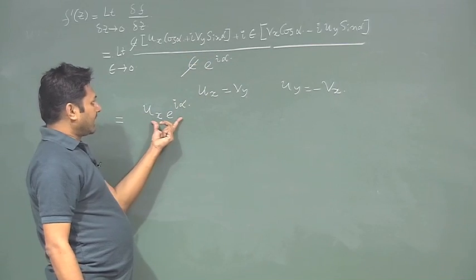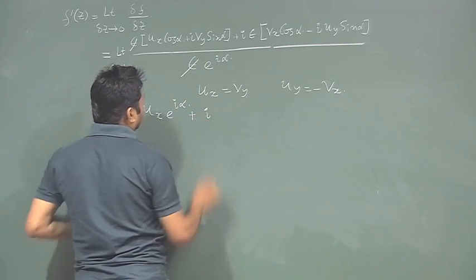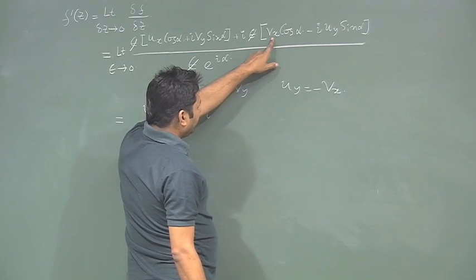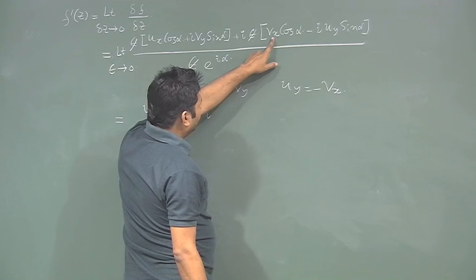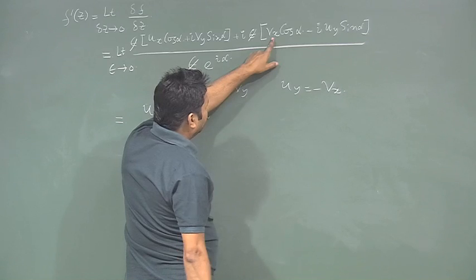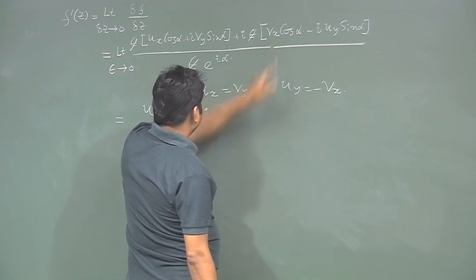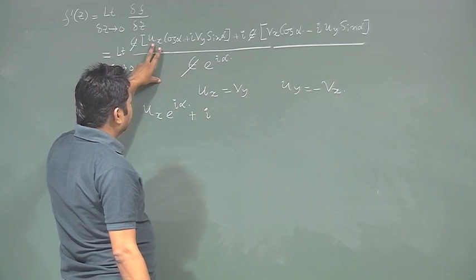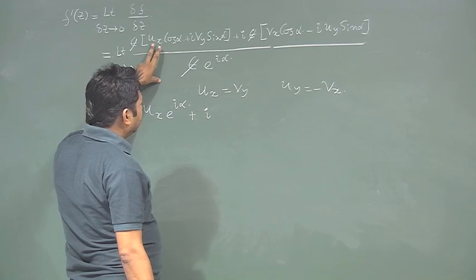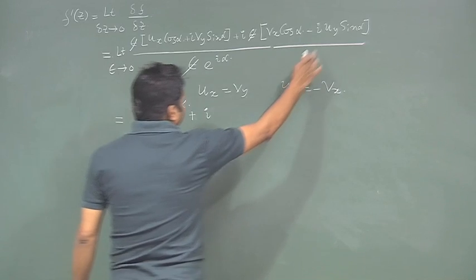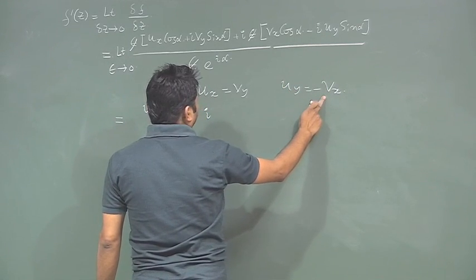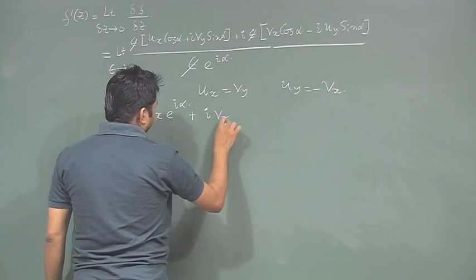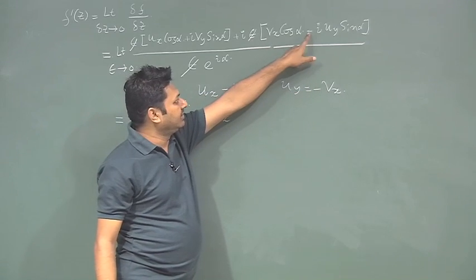Now I replace u_y as minus v_x. If I do, then this term will be plus.